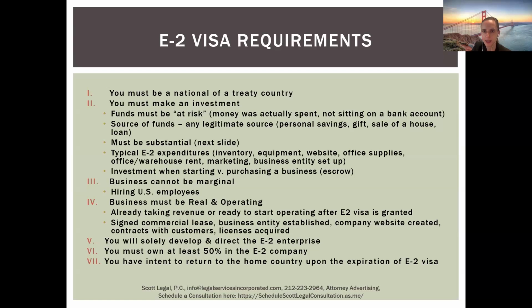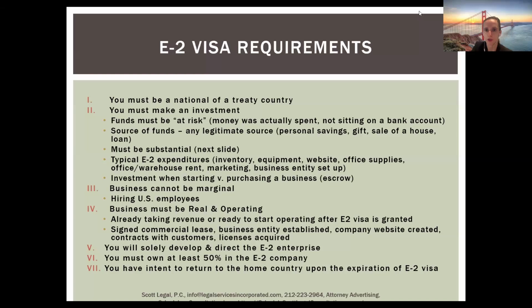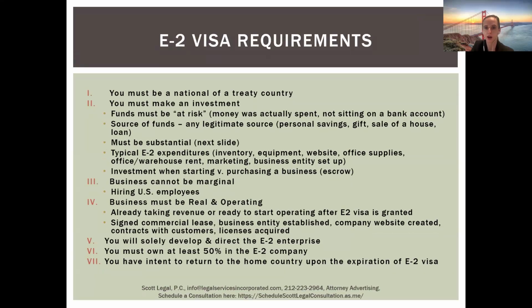In case you own 100%, but later some opportunity comes and you want to sell some ownership to someone else, you always have to keep at least 50% in the company, because if the ownership drops below 50%, you would no longer be meeting the E2 visa requirements and be in E2 status. So this is really important to keep in mind.